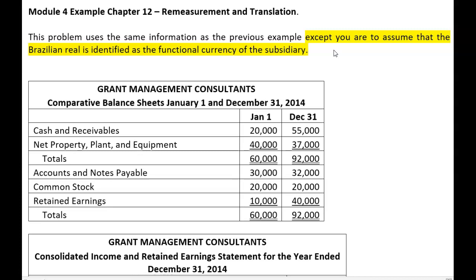We'll use a couple of different measures, a historical as well as a current measure in this example, and then we'll take the remeasured numbers and translate them into US dollars.